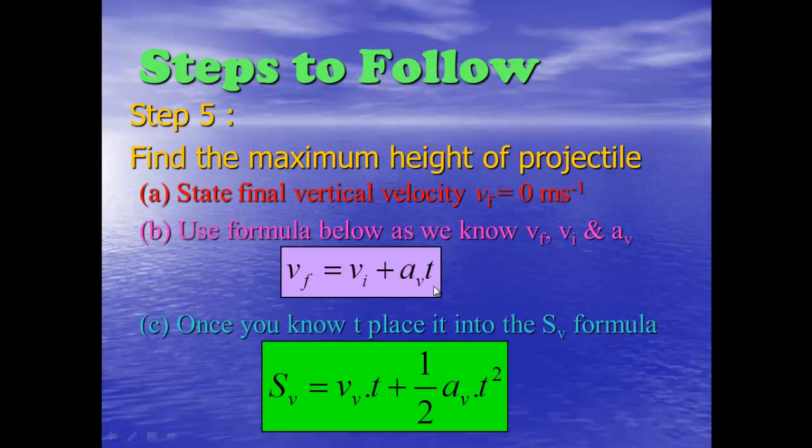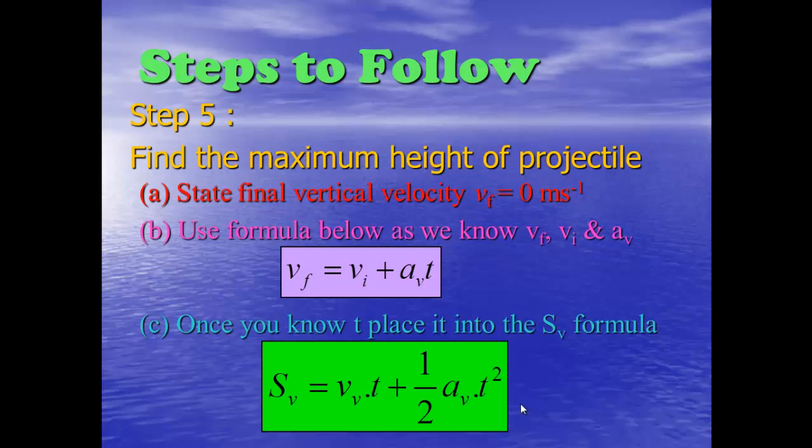Once we've got our time, we can put that into our SV formula, and that will tell us how high our projectile is at any particular time. The other important thing to remember is that this is the height above wherever it starts. So if you're already 1.5 meters above the ground, then you'd have to add the 1.5 meters onto your answer to work out the height above the ground.